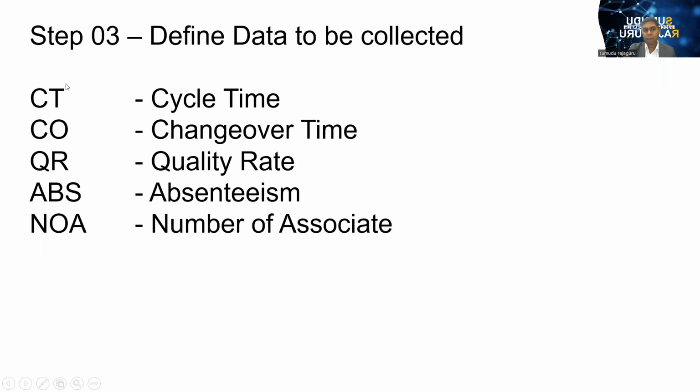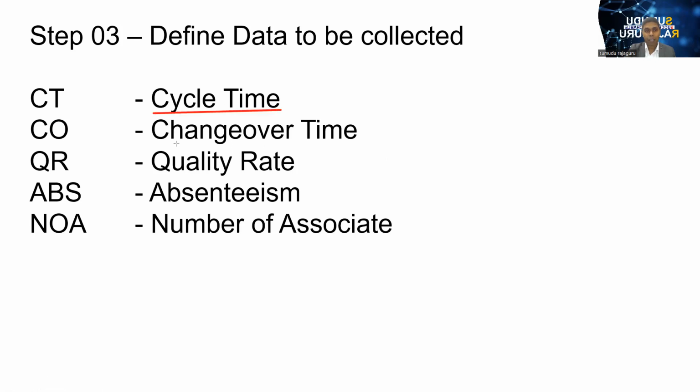Then step number 3. Now we have already calculated the per day demand and mapped the process. Then we have to define the data to be collected. That data we put into the data box under the process tab. Cycle time and changeover time are a must, because we have to draw the timeline.